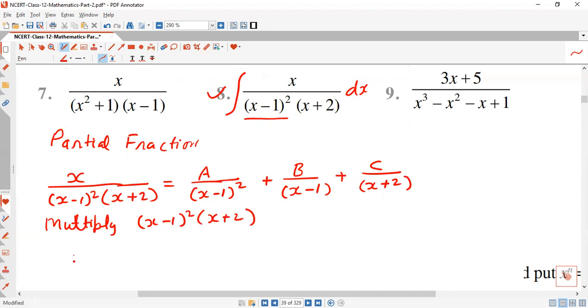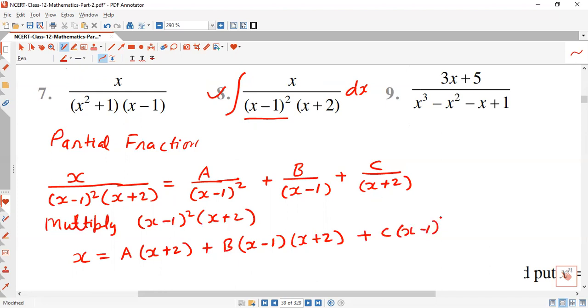So what you are getting: x equal to A times (x plus 2), since (x minus 1) whole square cancels out, plus B times (x minus 1), since one (x minus 1) cancels out, not both, (x plus 2), and C (x minus 1) whole square.